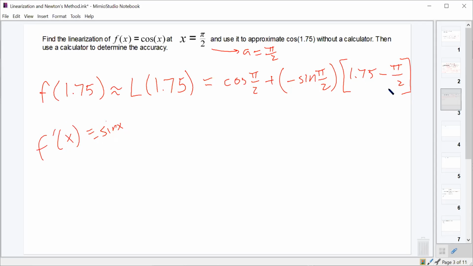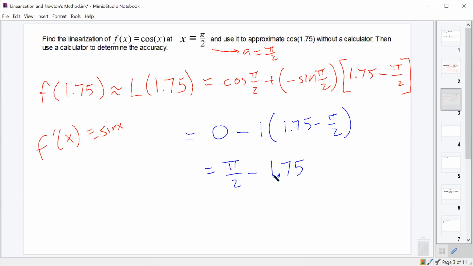Good. All right. So what does this equal? First off, what's the cosine of pi over 2? 0. So we got 0 minus the sine of pi over 2. So what's the sine of pi over 2? 1. So we got minus 1 times this 1.75 minus pi over 2, which we just distribute the negative through, and we get that the cosine of 1.75 is approximately equal to pi over 2 minus 1.75, which seems a little weird again, probably.